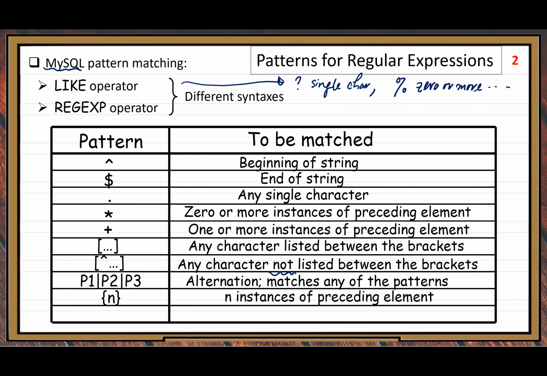That means an instance of the preceding element. You look at what pattern is in front of this pair of curly braces. That pattern will be repeated n times.